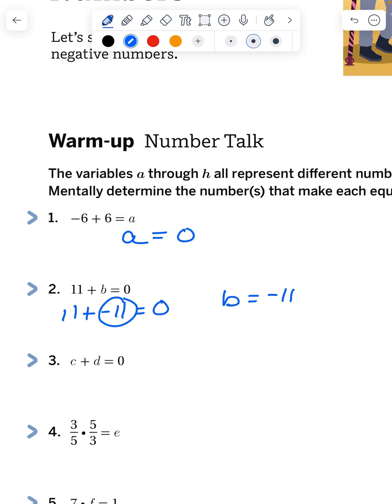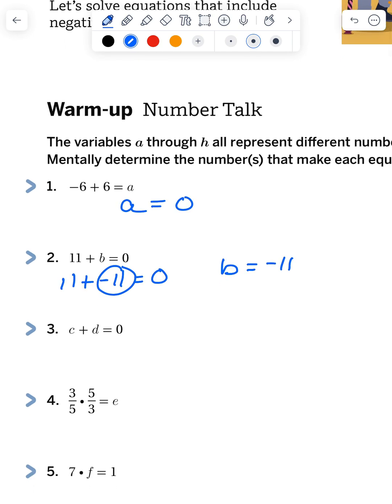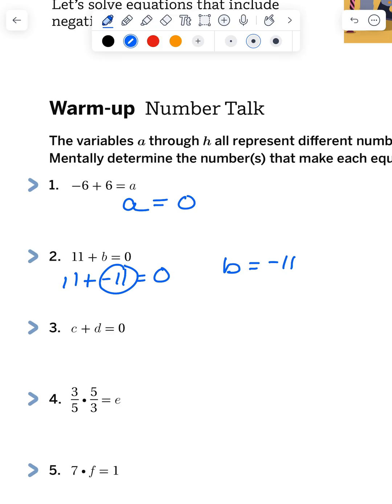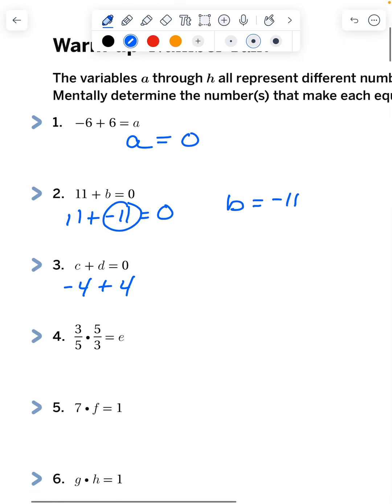So B would be -11. For number 3, C plus D, something plus something is 0. We could have lots and lots of different answers here. If I had a -4 and a +4, that would give me 0. Lots of different answers there.